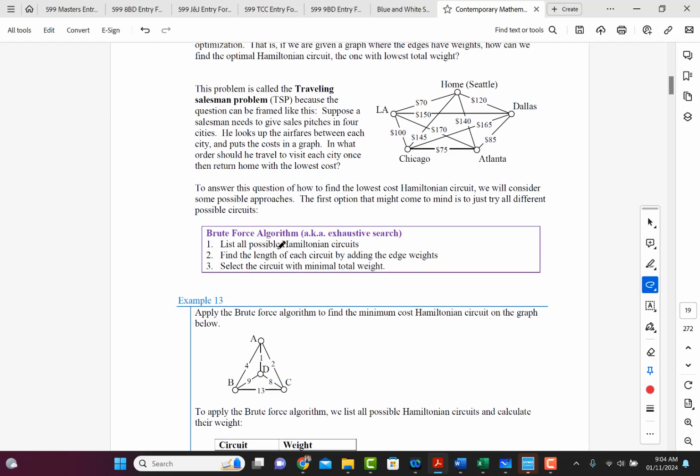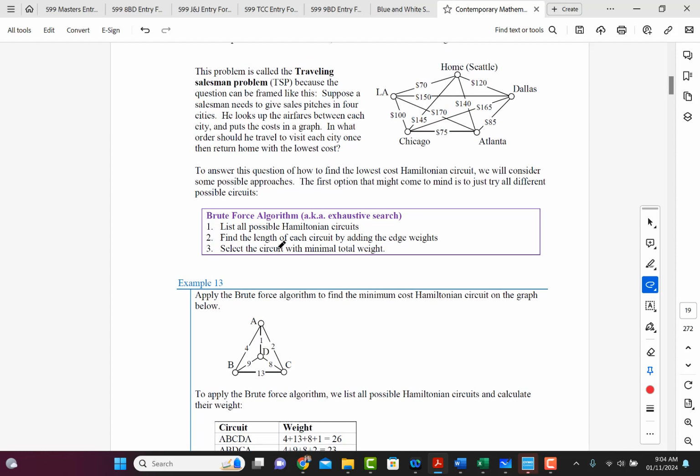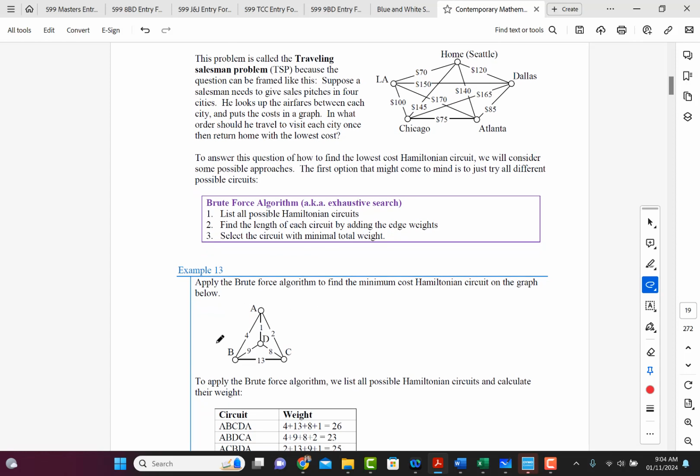So if we look at example 3, if we want to apply the brute force algorithm to this graph here, then all we would do is try to find all the possible Hamiltonian circuits.